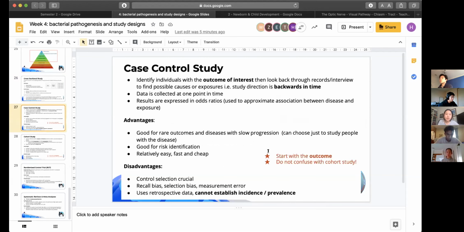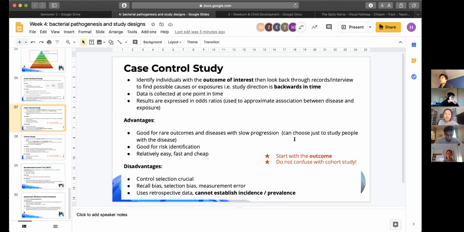Then we move on to the case control study. I used to always get these confused because everything's called the same thing. But basically, case control studies are where you identify individuals with the outcome that you are interested in, and then you look backwards through records or interviews. Usually you want unbiased medical records to find the possible cause or exposure.